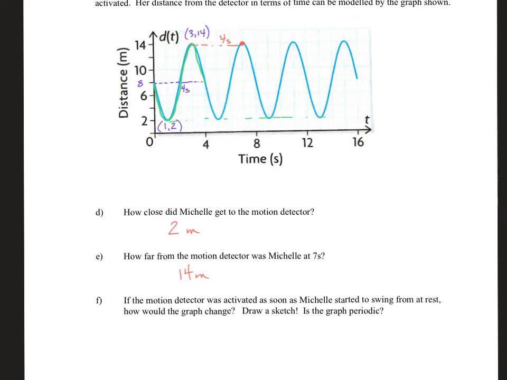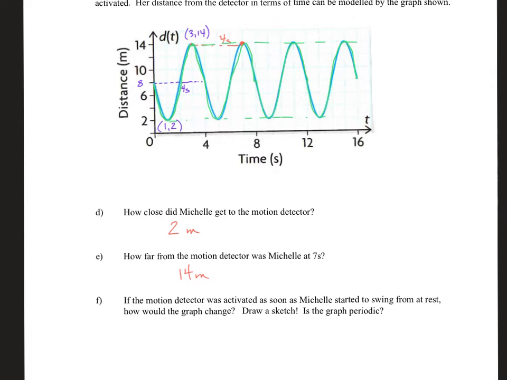Notice, she always got to 2 meters and she always got away 14 meters. That's incredibly consistent. The other part is she does it in exactly the same amount of time every time. That full swing takes 4 seconds, never changing, which is remarkable.